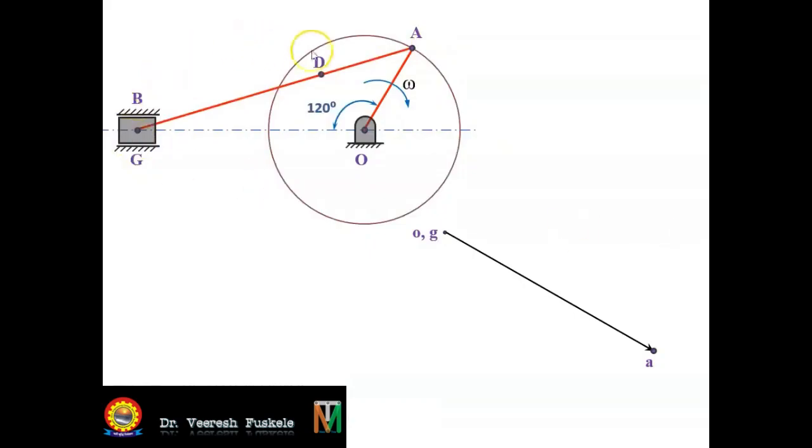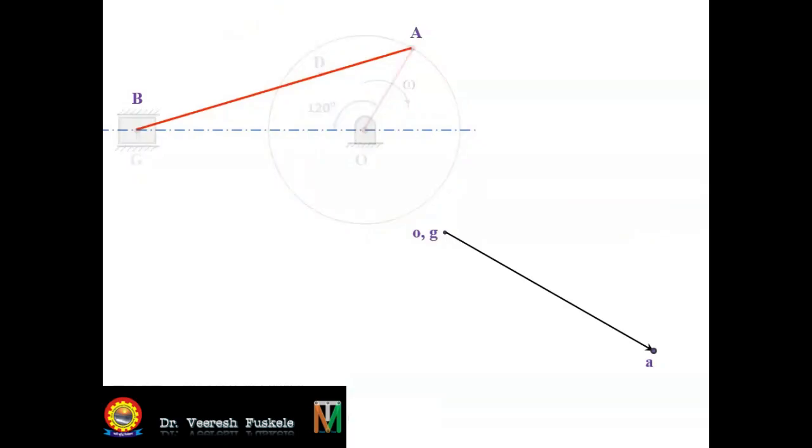We know that the velocity of the link AB will be in the direction perpendicular to the link, but we don't know the magnitude of this velocity. So we'll just draw a line which is perpendicular to the link OA with the help of the set square.